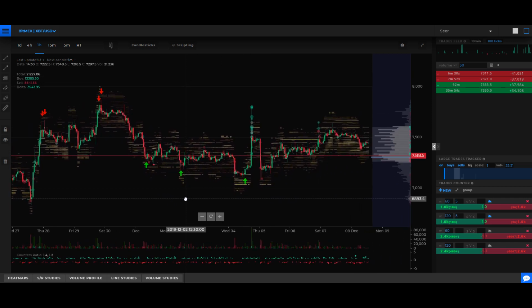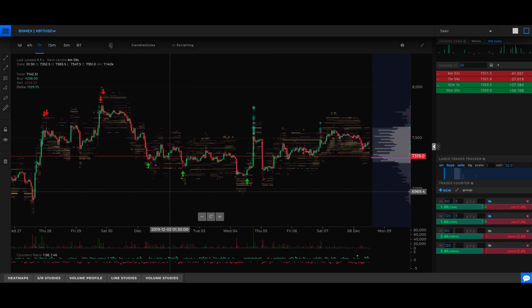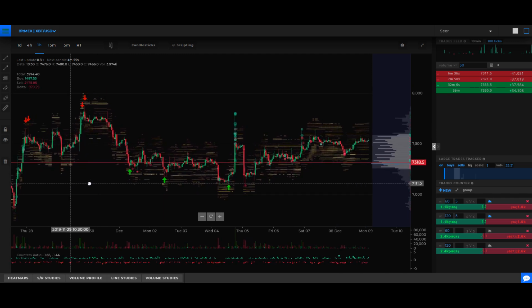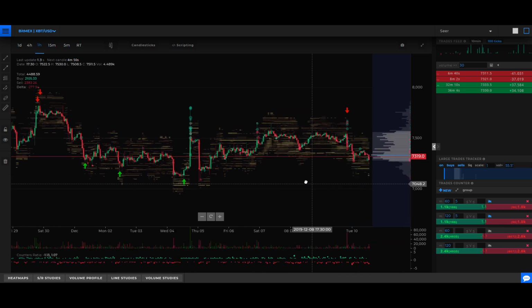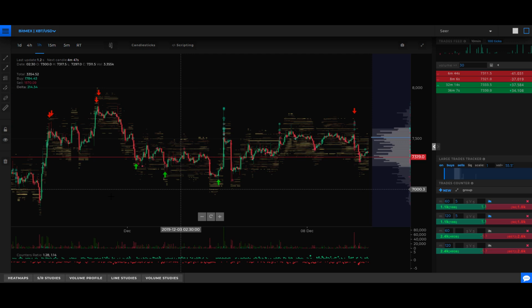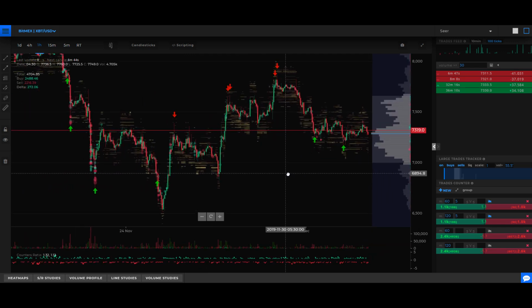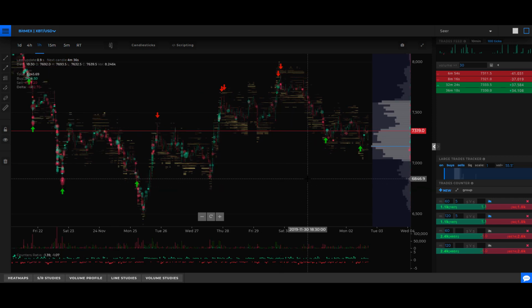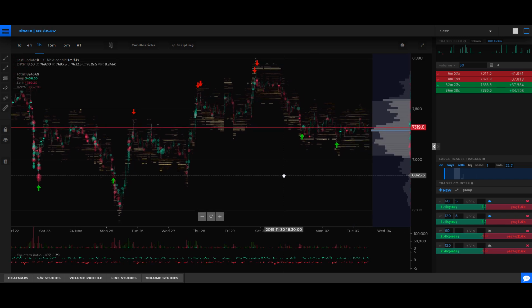So yes, you do have support and resistance levels. You're using TradingView to do all your other charting, but order flow analysis, like I'm showing you right now, can really add to your confluence and make you confident in the trades that you want to take, because you want to follow the big money, guys. You want to be able to understand how to look for where the big money is.